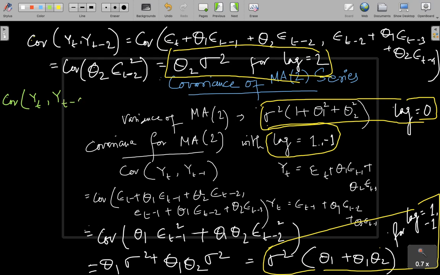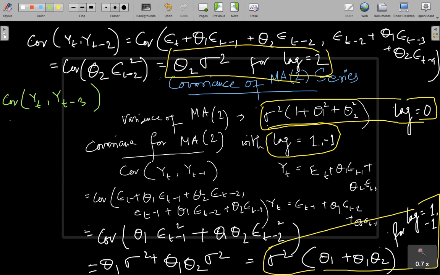The second term is going to start from 3, and the first term is going to end at t minus 2. The second term starts from t minus 3, t minus 4, t minus 5, so there will be no two epsilon t which are the same. If I multiply any terms from the two equations and take the expectation, all of them give 0.